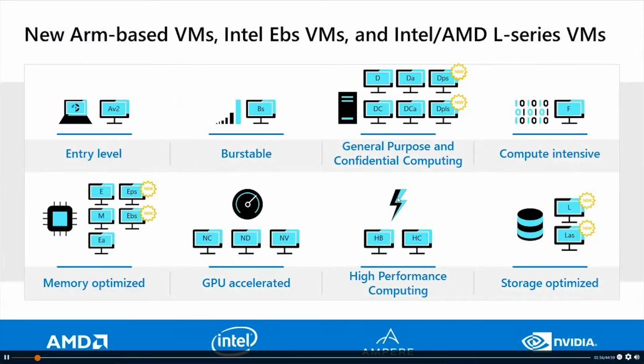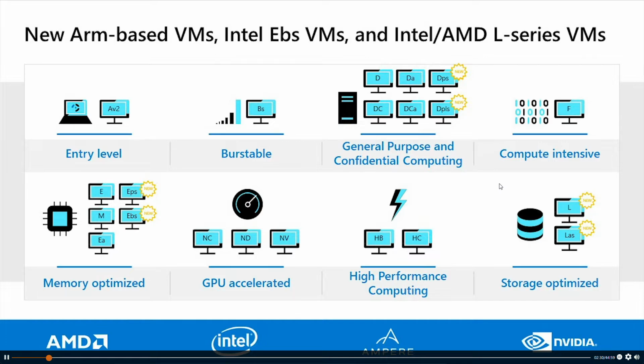Azure offers a broad and diverse range of virtual machine types designed to meet the needs of the applications you create and the workloads that drive your business. From A-Series machines that help you get started with development and test environments at a low price of entry, burstable VMs that give you performance when you need it cost effectively, and general purpose compute and memory optimized VMs that fit the needs of most enterprise workloads.